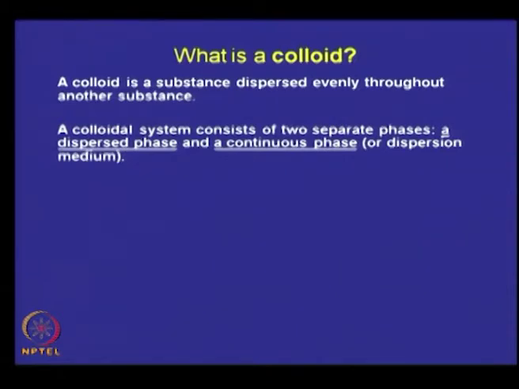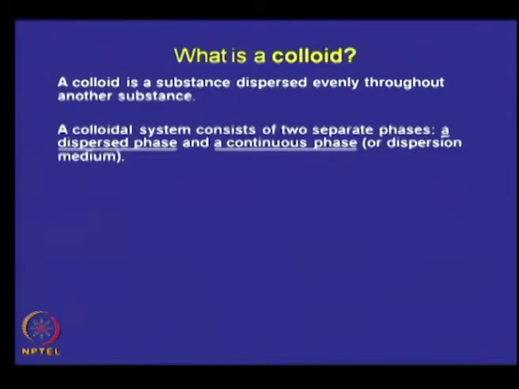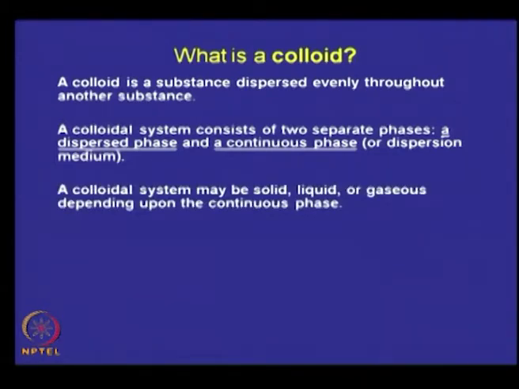Necessarily, a colloidal system has got two separate phases. In this particular suspension, the magnesium and aluminum hydroxide are a solid phase, while the water is the continuous phase. A colloidal system now can be solid, liquid or gaseous depending on the phase. This is a liquid colloid. Let us look at others.